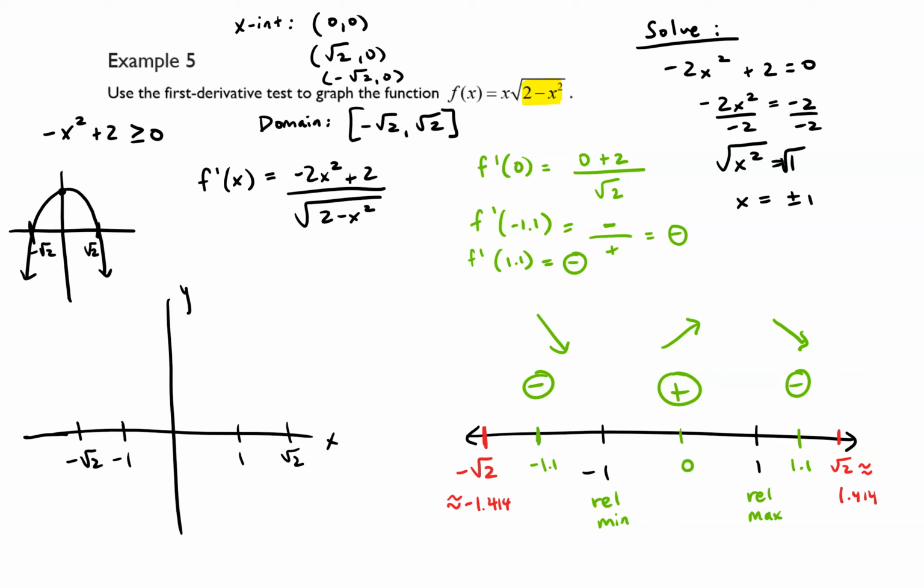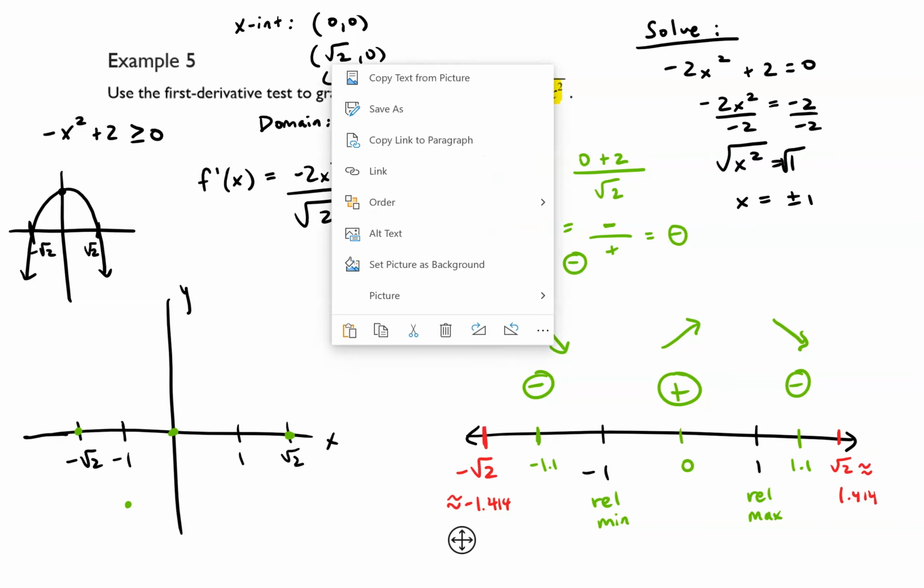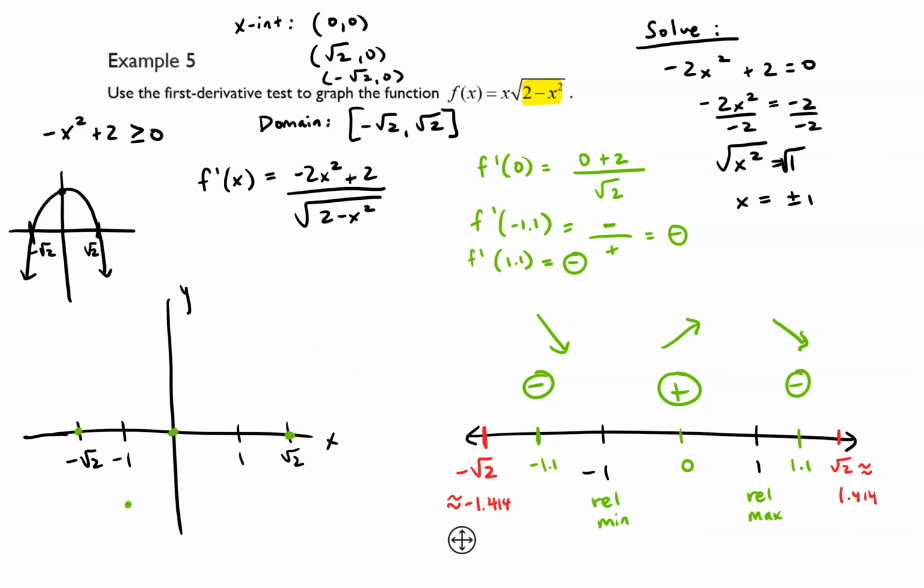Our graph is going to look like this: we know that there's an x-intercept there, an x-intercept there, and an x-intercept there, and we know that there is a relative min there and a relative max here. So our function is going to look something like that.